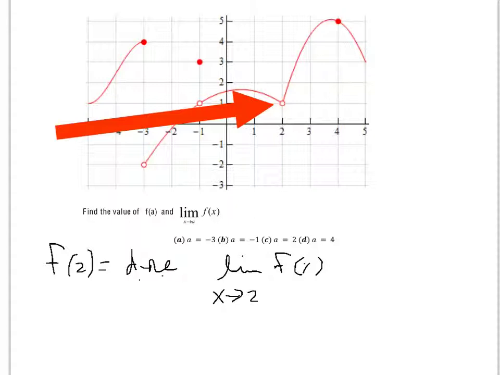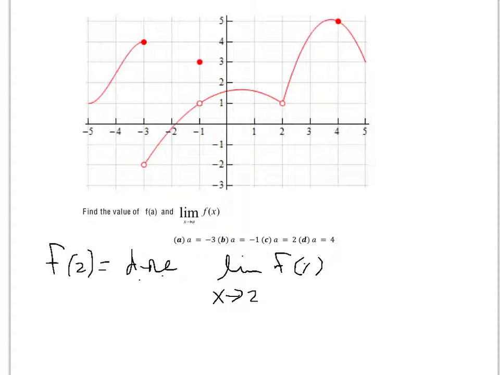And if I look at it from this side, it gets closer to 1 as well. So the limit of this function as x gets closer to 2 is 1. So in this case, even though the point doesn't exist, there is a limit as x approaches that value.